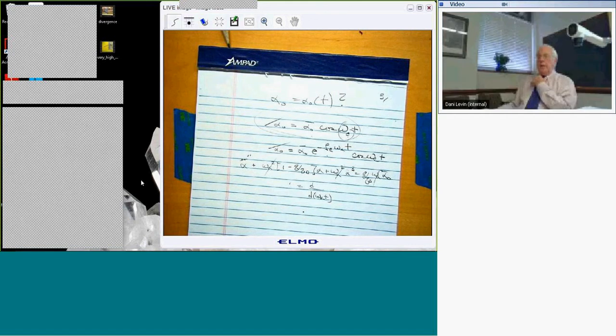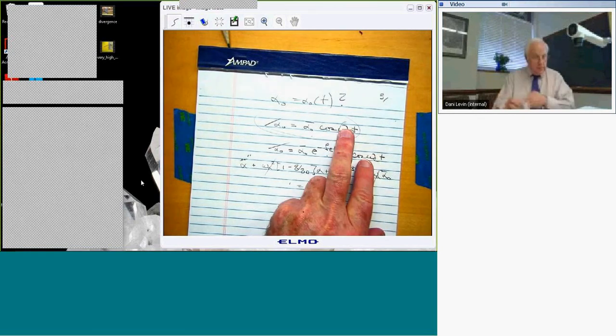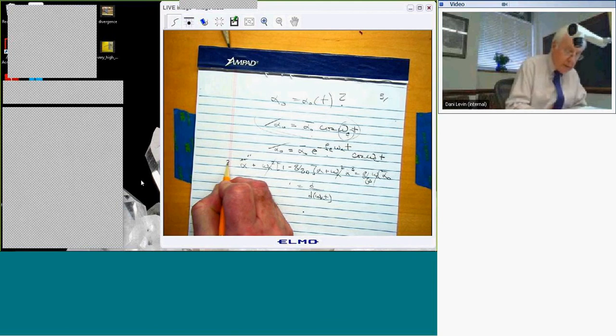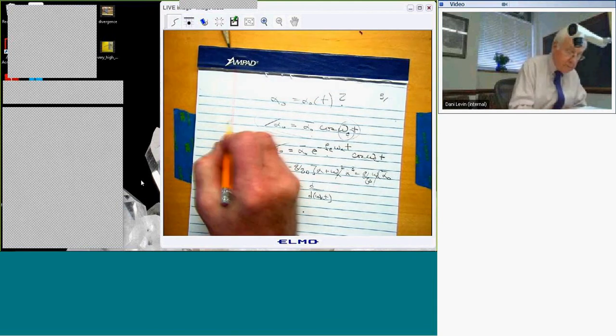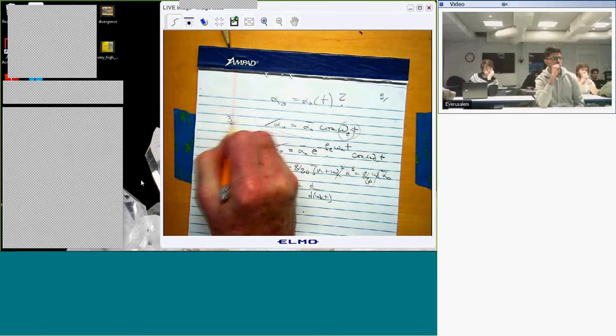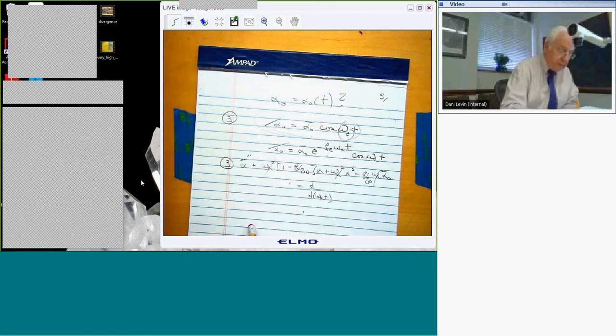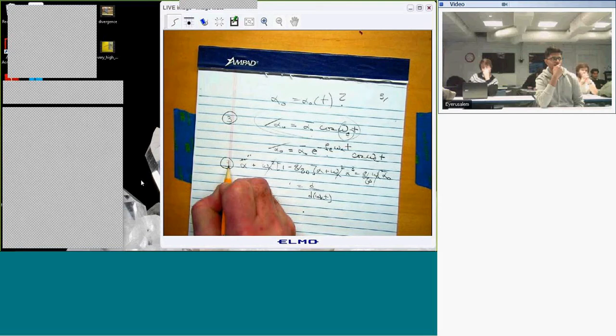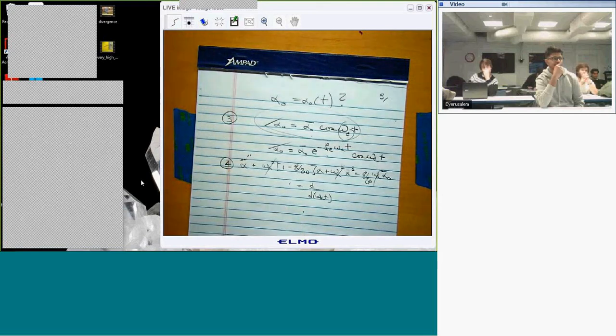Now we have an excitation that persists forever. I'm going to call this equation 3, and this one 4.